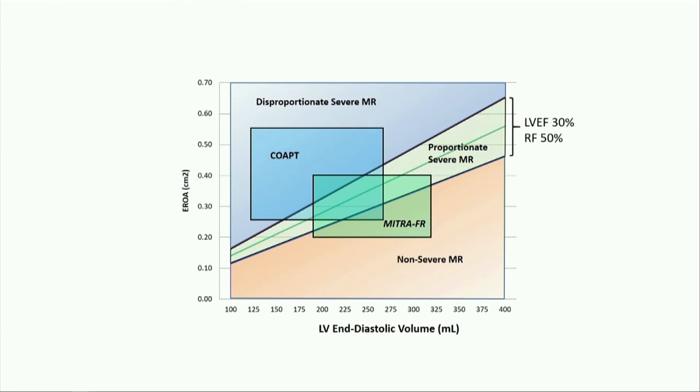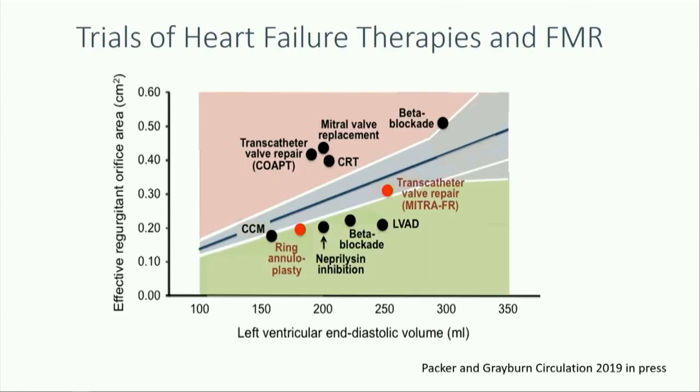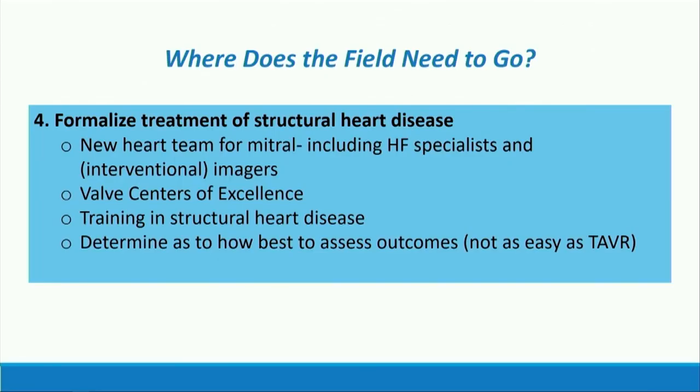This has not been validated by an independent core lab, and it is in the process of doing it, but we need to reconcile these 2 trials. And here's an analysis that Drs. Grayburn and Packer have done about all the different trials in heart failure, looking at where they fall in this concept of proportionate versus disproportionate MR.